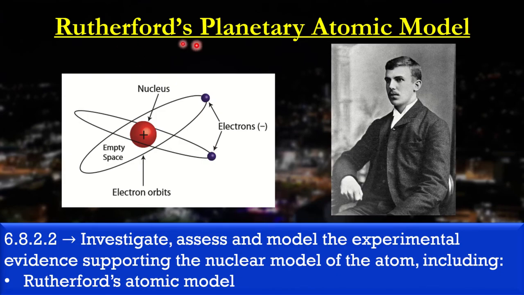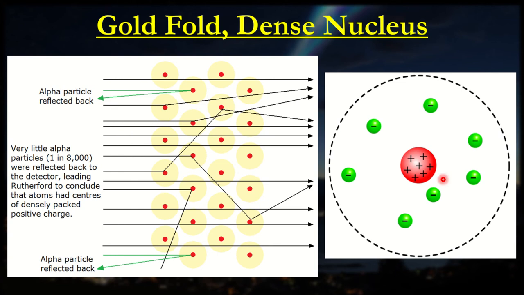Okay, so now we look at Rutherford's planetary model. Now, the reason why we call it planetary is because he gave the idea that electrons were in circular motion around the electron, or not electron, the positive nucleus. So he came up with this idea.